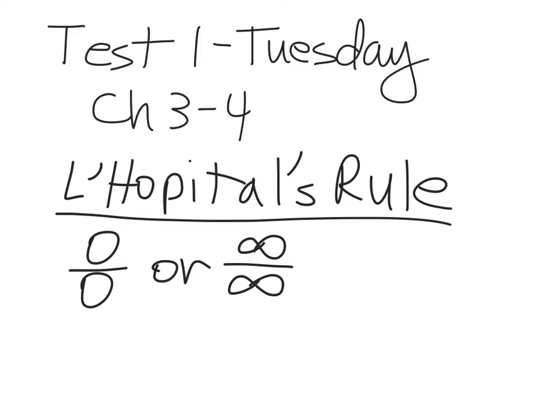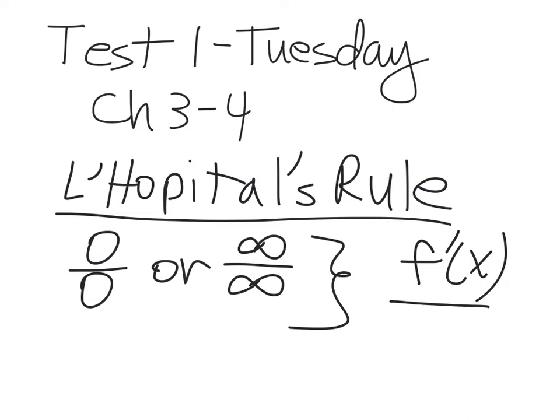But basic idea, if it's in these forms, then all we need to do is take the derivative of the top, derivative of the bottom, recalculate with the limit. If we again get 0 over 0 or infinity over infinity, we do another set of derivatives.